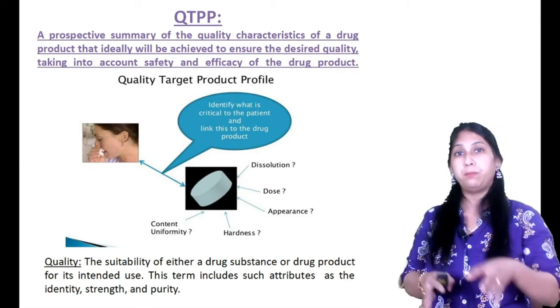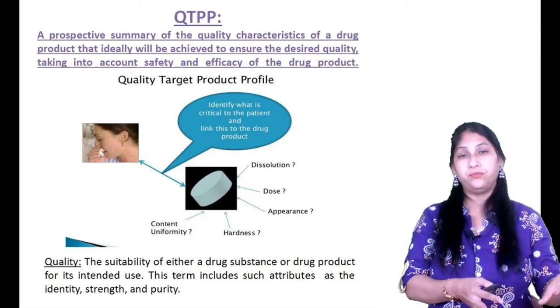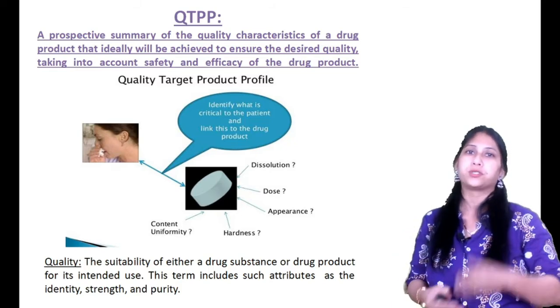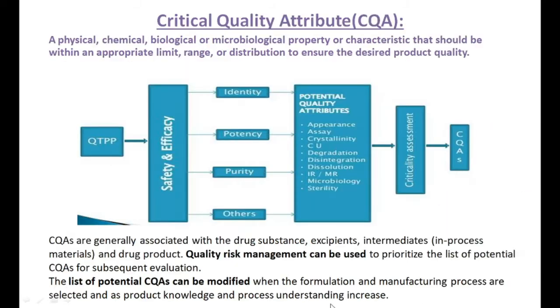Now from QTPP, CQAs will be identified based on the criticality of these attributes to the quality. Let's see another element, that is CQA, the critical quality attribute, and it can be defined as a physical, chemical, biological or microbiological property or characteristic. Now it can be either of the API, that is drug substance, or excipient or intermediate materials, or it can be of the drug product.